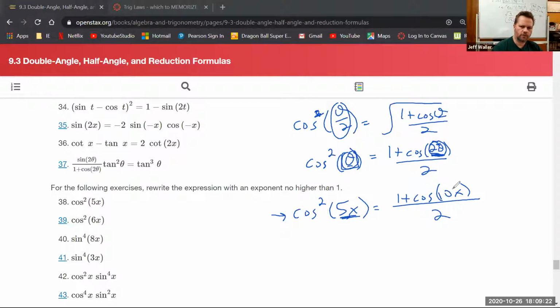So it'll be 1 plus cosine of double 5x, all divided by 2. So that's how to use the identities directly. These problems are using identities directly to simplify expressions. They aren't proving identities, which is what these are doing.